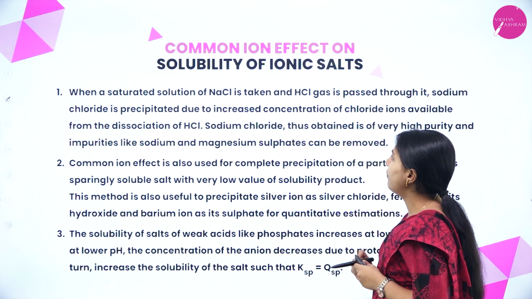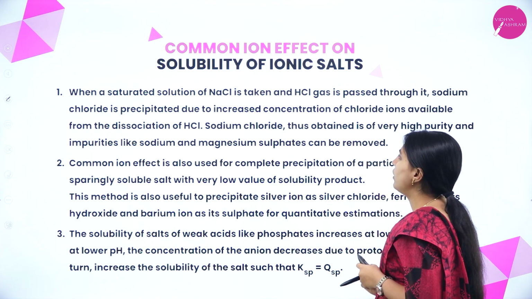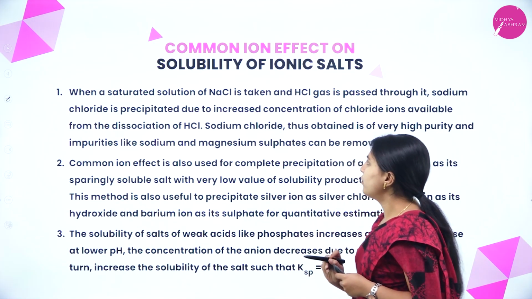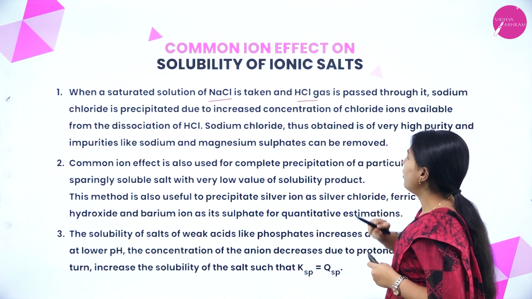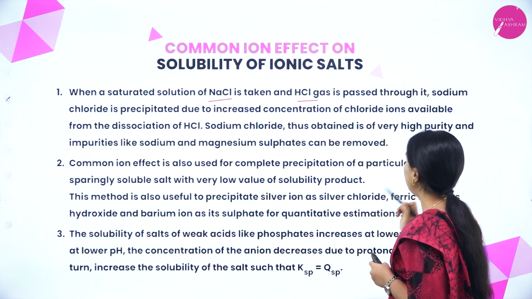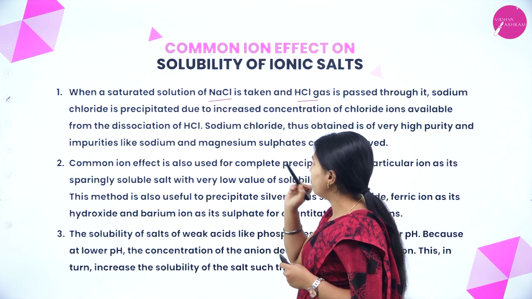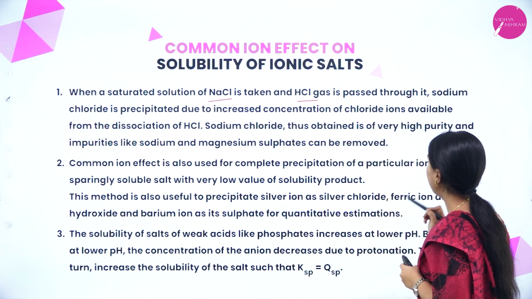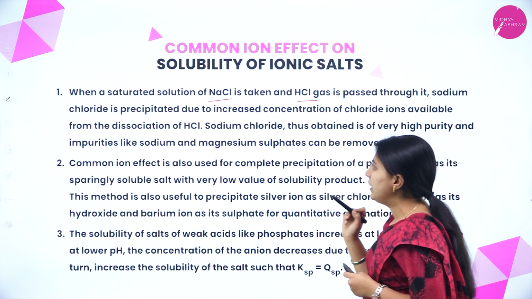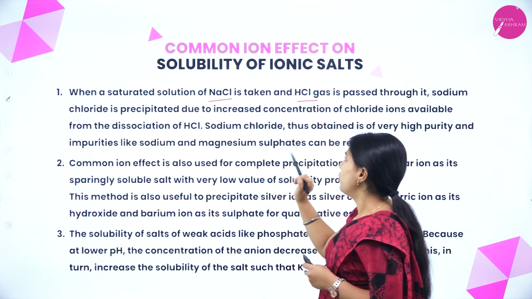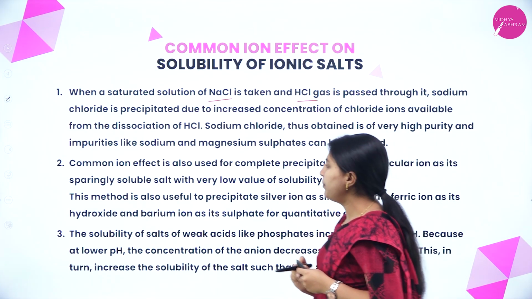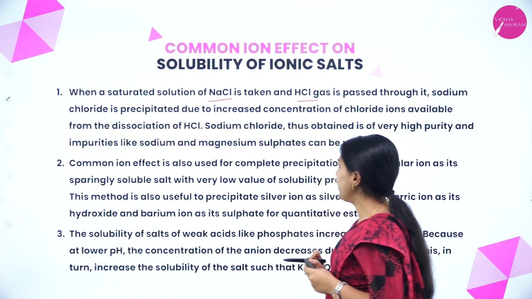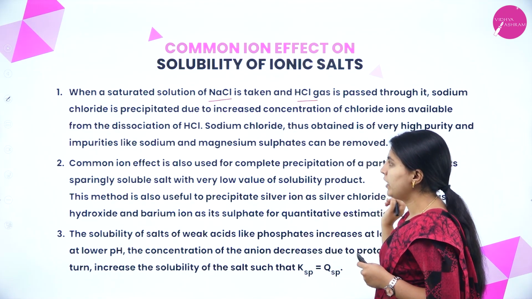Next, common ion effect on solubility of ionic salts. When a saturated solution of sodium chloride is taken and hydrogen chloride gas is passed through it, sodium chloride is precipitated due to increased concentration of chloride ions available from the dissociation of HCl. Sodium chloride thus obtained is of very high purity, and impurities like sodium and magnesium sulfates can be removed.